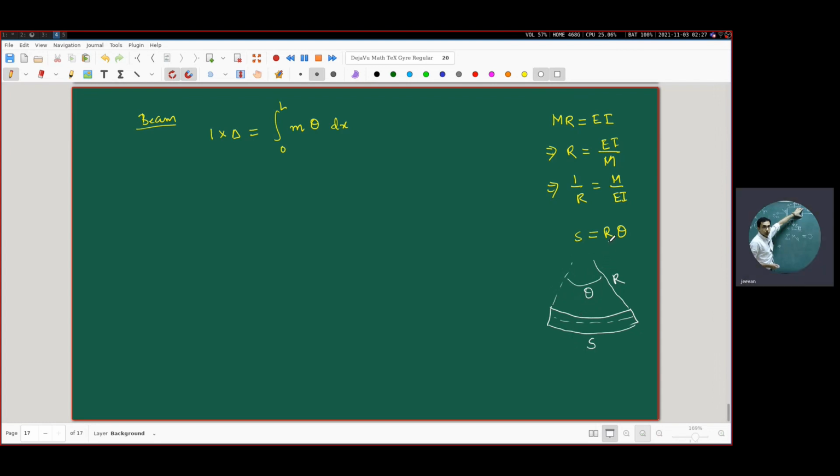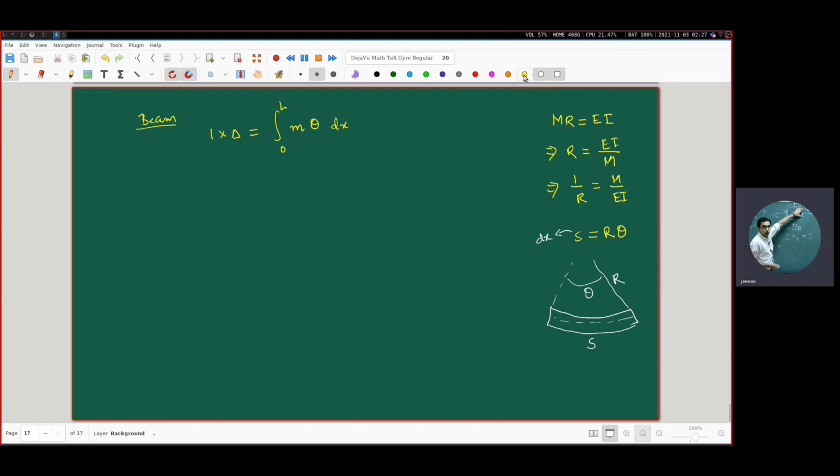So our theta becomes equal to S by R. Here S is the length of the beam that we are concerned with. That length is nothing but this dx. So this S does the job of the dx, and this theta is this theta.